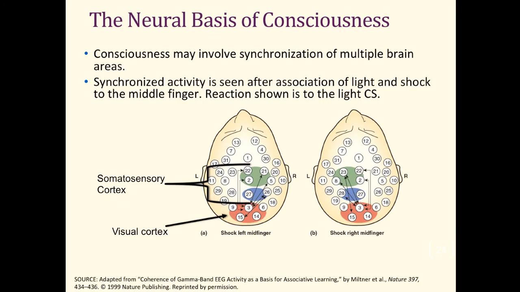Now, when we are paying attention to something, when there is focused attention, there have been studies that have looked at the types of brain activity that we see. And here's an example of synchronized activity again.